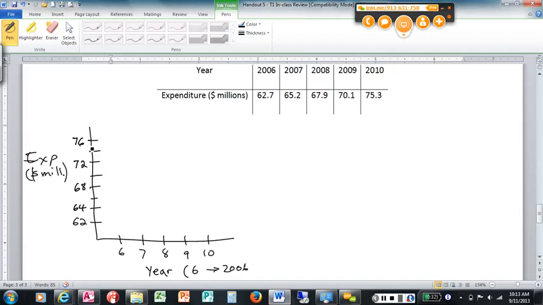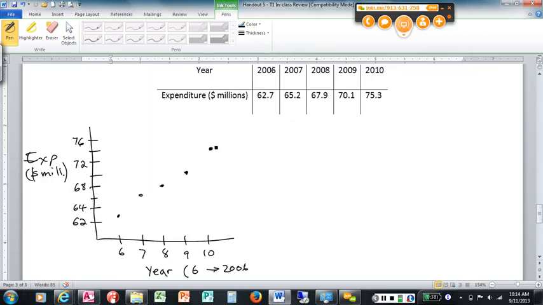Okay, so 6 is 62.7, 7 is 65.2, 8 is 67.9, 9 is 70.1, and 10 is 75.3. So there's our scatter plot.